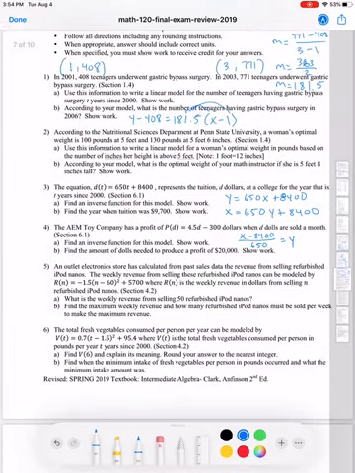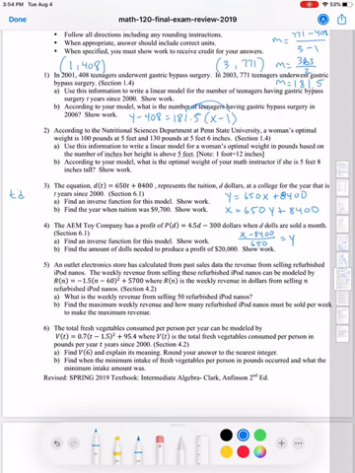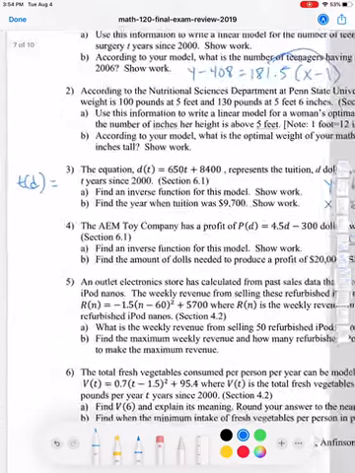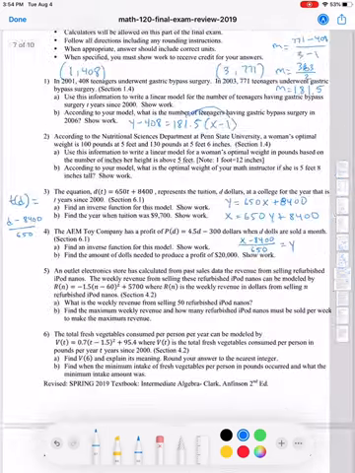You need to be able to write it appropriately. So we're going to write t of d equals, and then you write the function that we got: d minus 8400 over 650. That's the appropriate way to write it, okay?